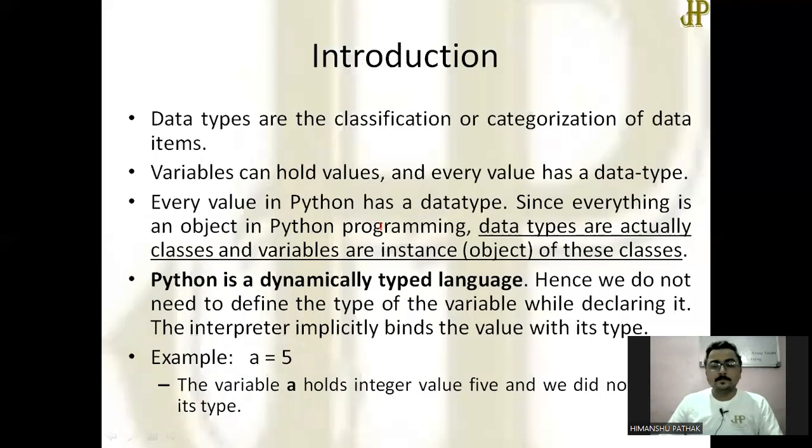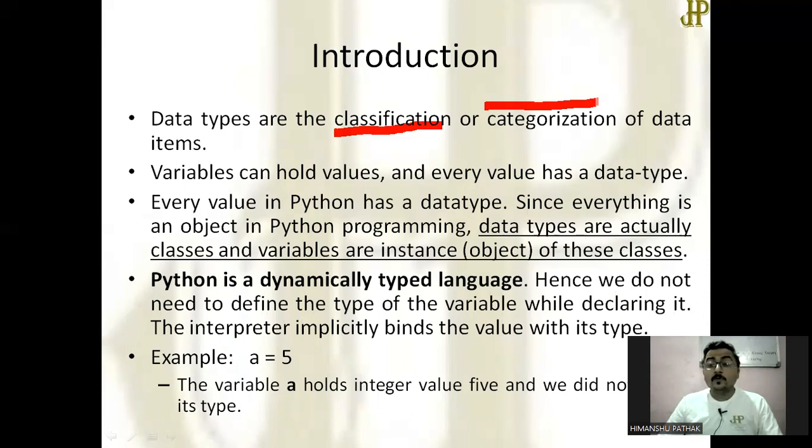So let's start. As we know, data types are the classification, or you can say the categorization, of data items. Data can be an integer type. Data can be decimal numbers.